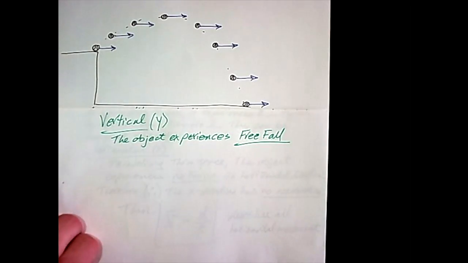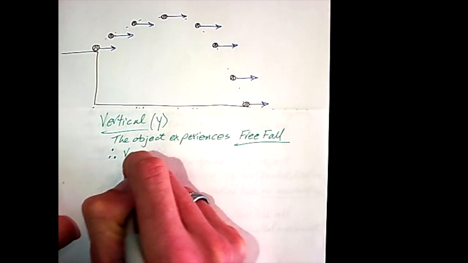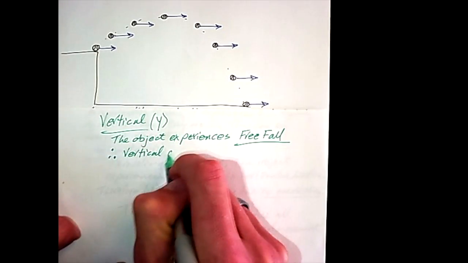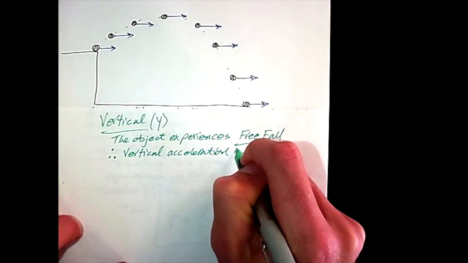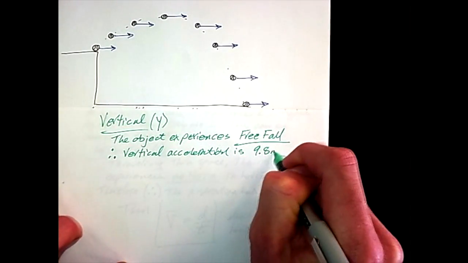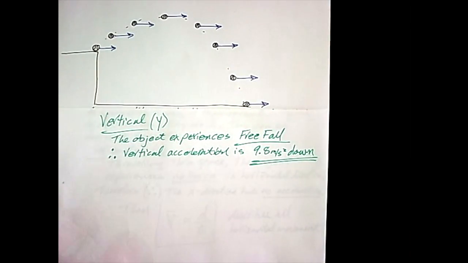Since it is in free fall vertically, therefore, the vertical acceleration is 9.8 meters per second squared down. Because any object moving through the air only affected by gravity is falling due to gravity. So the acceleration is known.